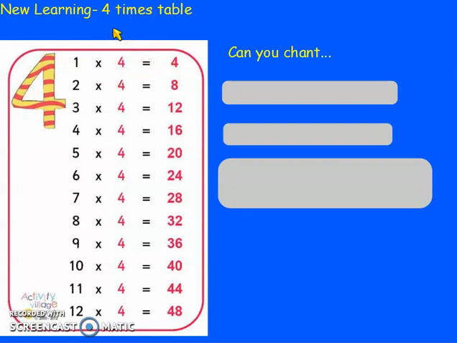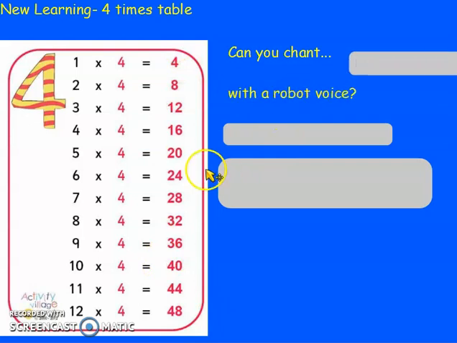We are focusing on the 6 times table, but today we're going to be dividing. So to start off, can you chant the 4 times table, please? Remember, when you chant, you have to say 1 times 4 is 4, 2 times 4 is 8, and so on. Can you chant this with a robot voice?